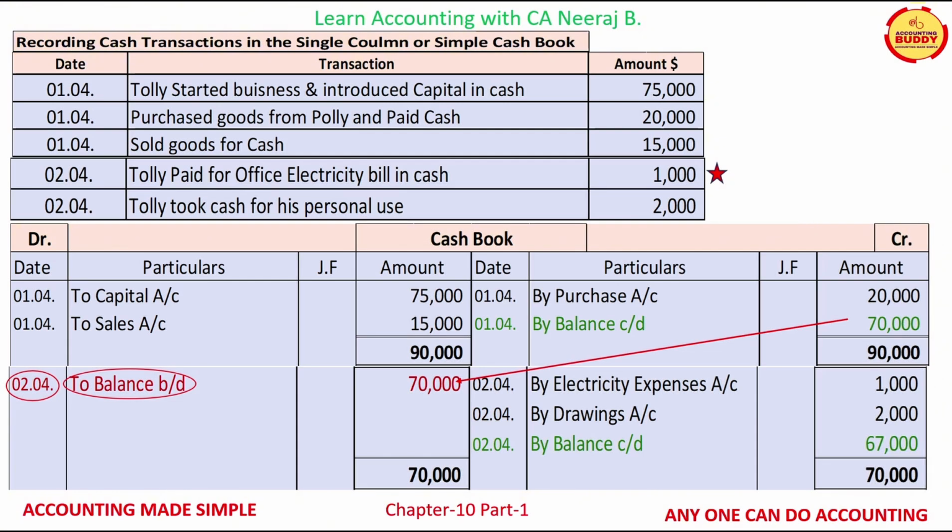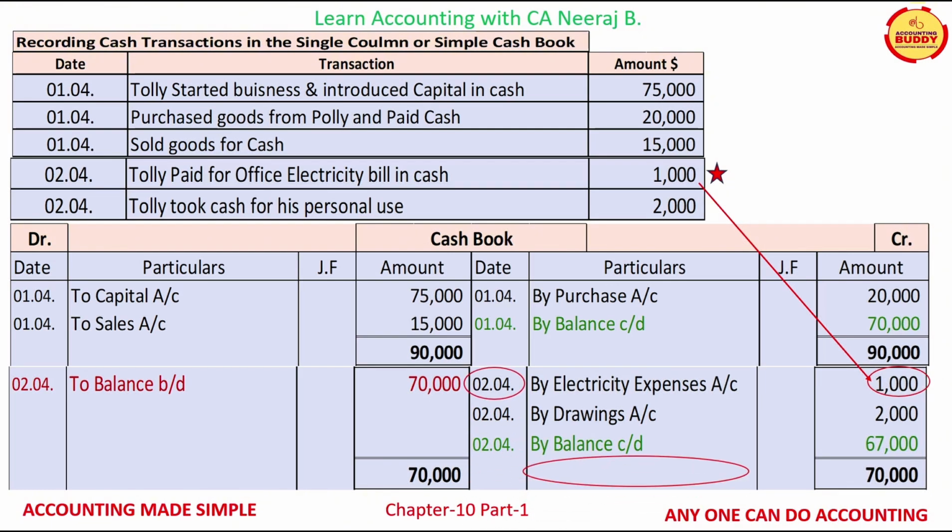On 2nd April, Tolly paid office electricity bill amounting to $1,000 by cash. This cash outflow entry of $1,000 will be recorded on the right hand credit side of the cash book on 2nd April by writing the words by electricity expenses.